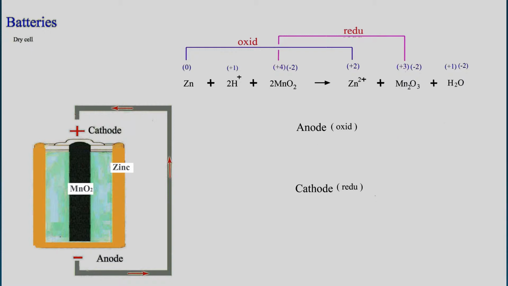So, anode, zinc goes from 0 to +2. Cathode, MnO2 becomes Mn2O3. It goes from +4 to +3, reduced.